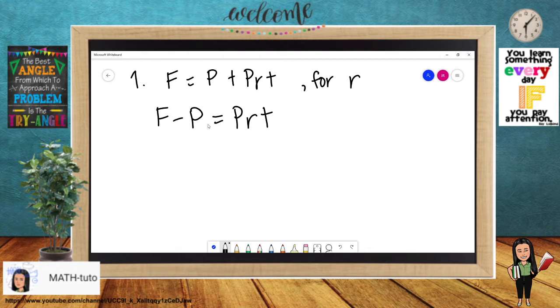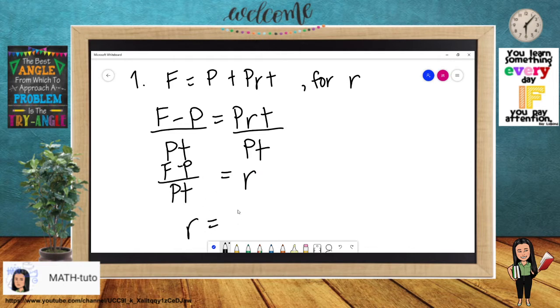Now we have PRT. We just need to solve for R, so we divide both sides by PT. We have R on this side, which is F minus P all over PT. Applying the symmetric property, R is F minus P all over PT.